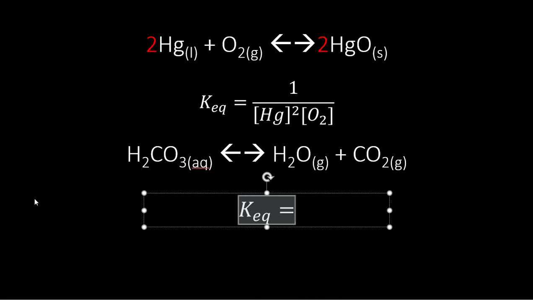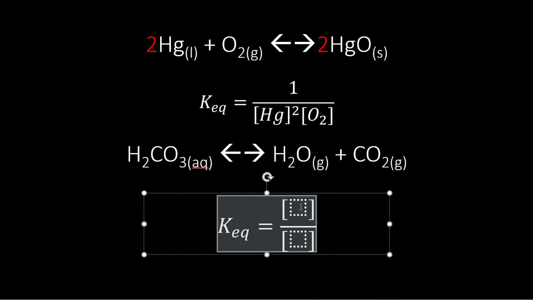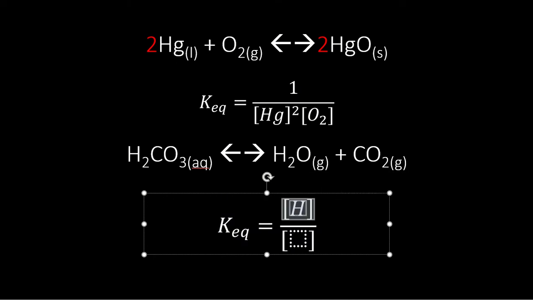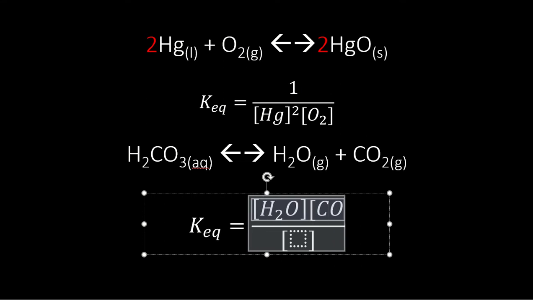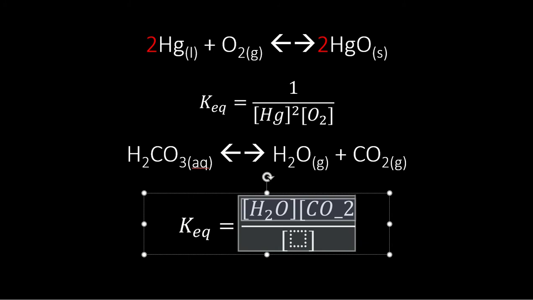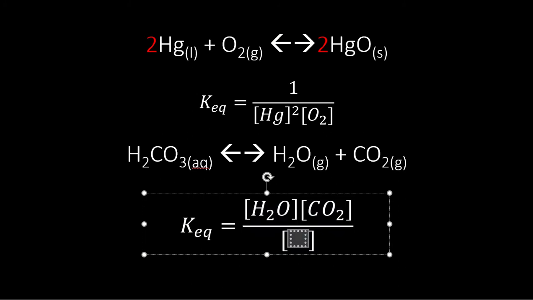Therefore, we are actually concerned about the concentration of water multiplied by the concentration of carbon dioxide. And we are going to divide that by carbonic acid concentration, since it is in an aqueous state.